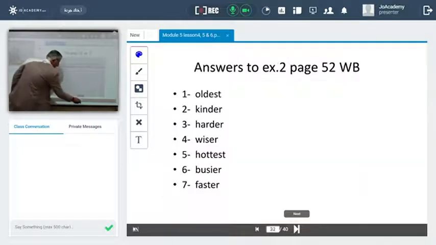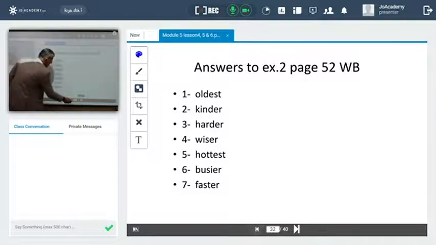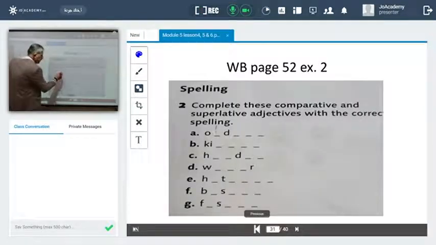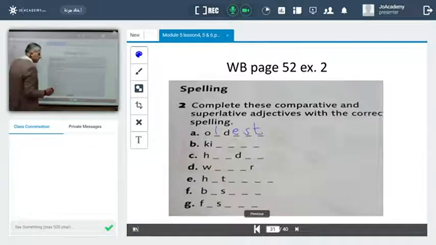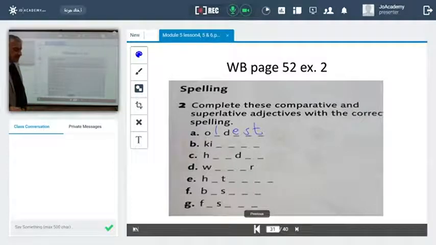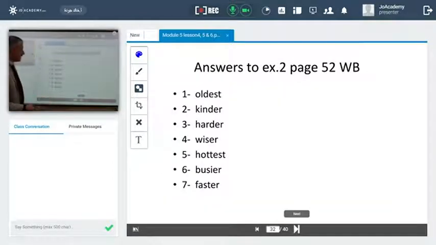Let's see the answers. We had here oldest, so you have to complete it in the same way. Kinder, harder, wiser, hottest, busier, and faster.